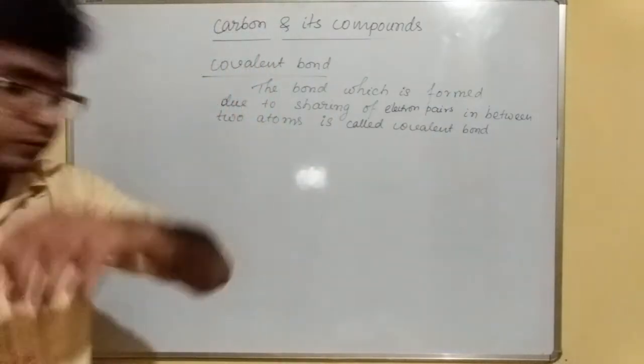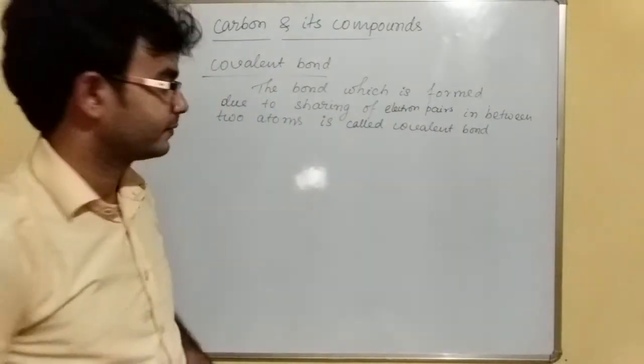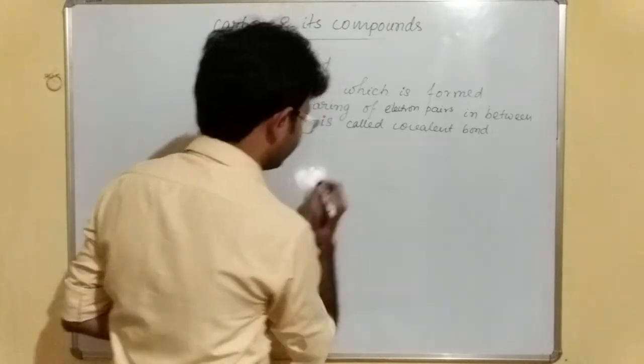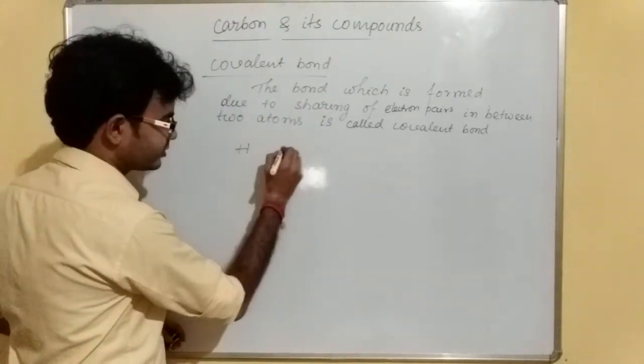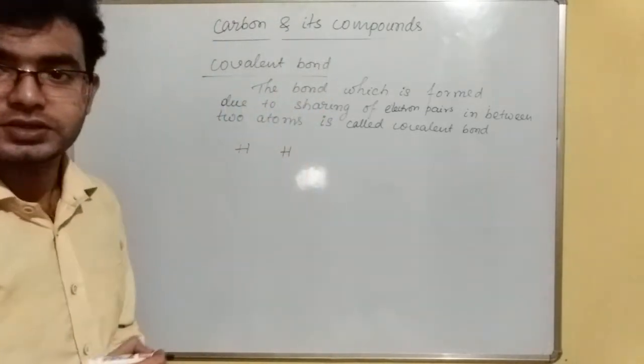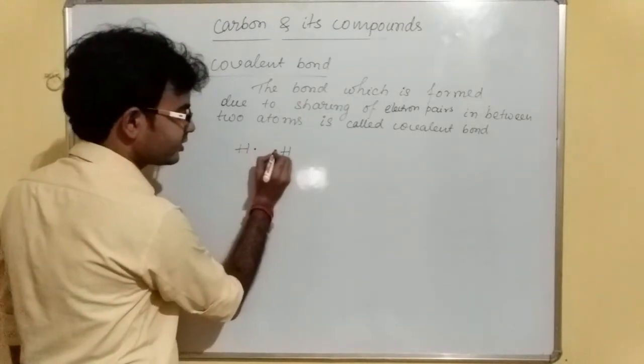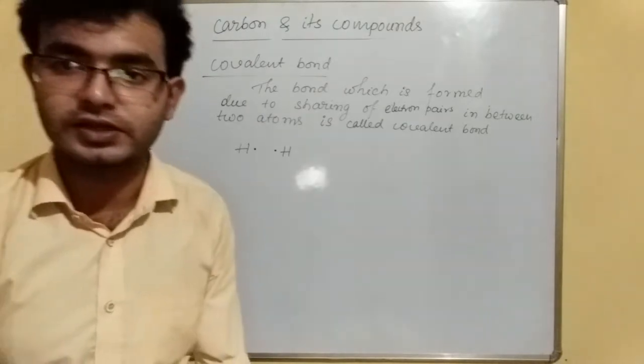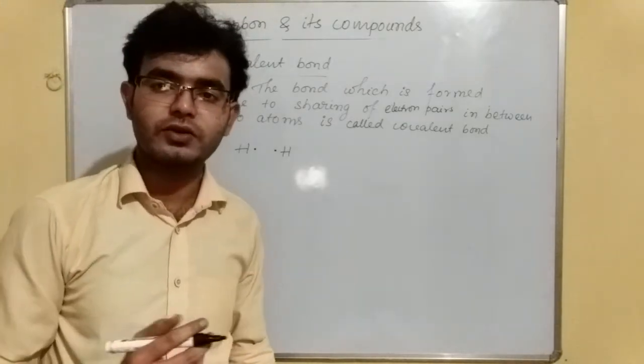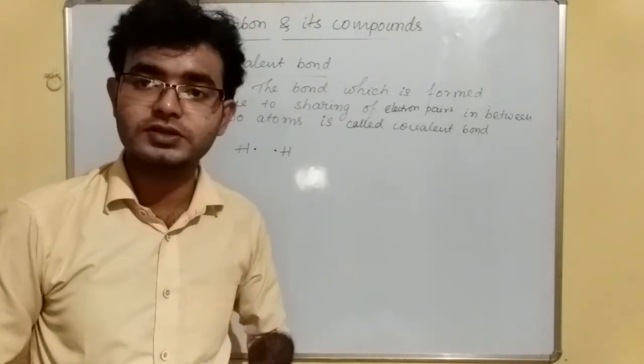Okay, so let me help you understand this. देखो जैसे कि दो हाइड्रोजन एटम है. Suppose there are two hydrogen atoms. One hydrogen contains one electron in its valence shell, and the other hydrogen also contains one electron in its valence shell. How many electrons are required for one hydrogen atom to fill its duplet?